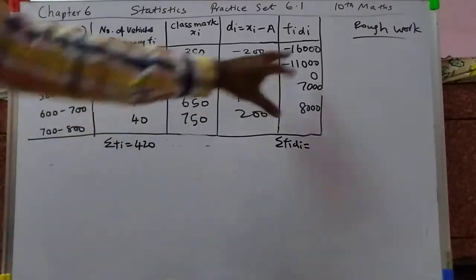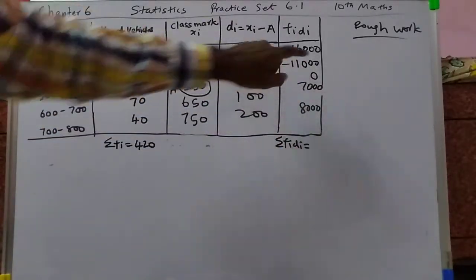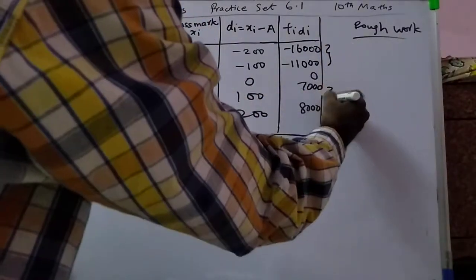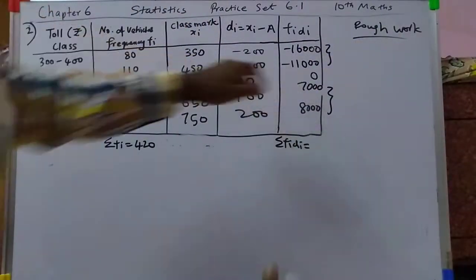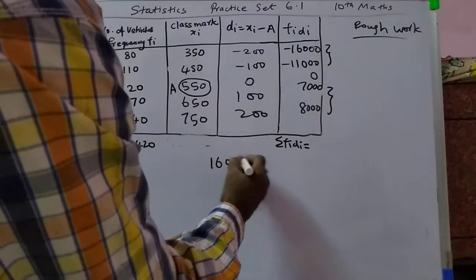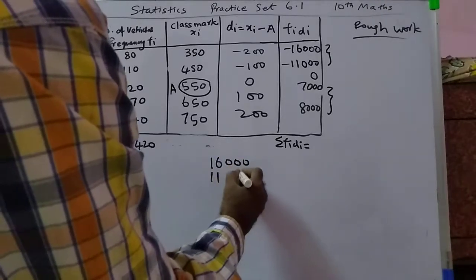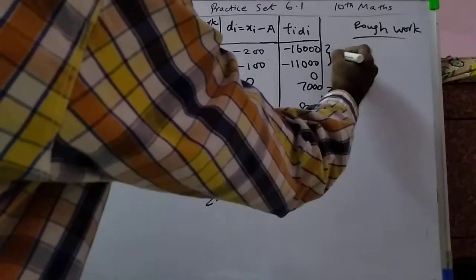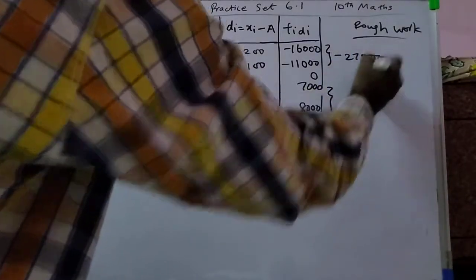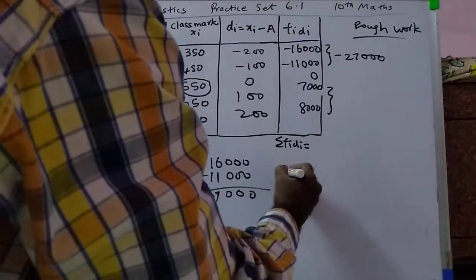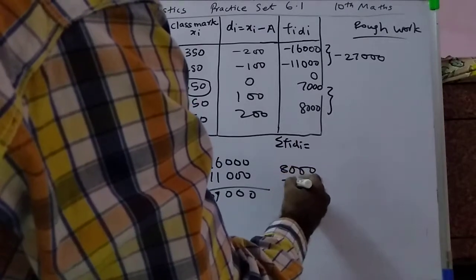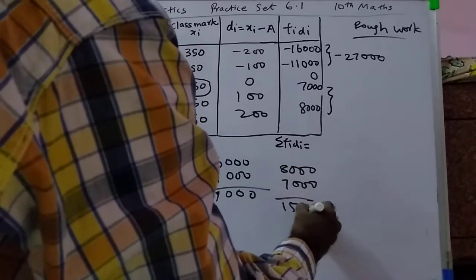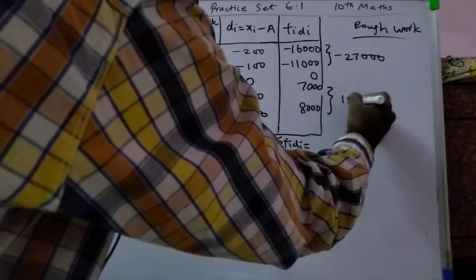Add it. Here you cannot add it like this, minus is there, so you have to add like this. Add this: 1600, 1100 plus 000725 minus 27000. Add this. 8,000, 7,000, it is 15000.